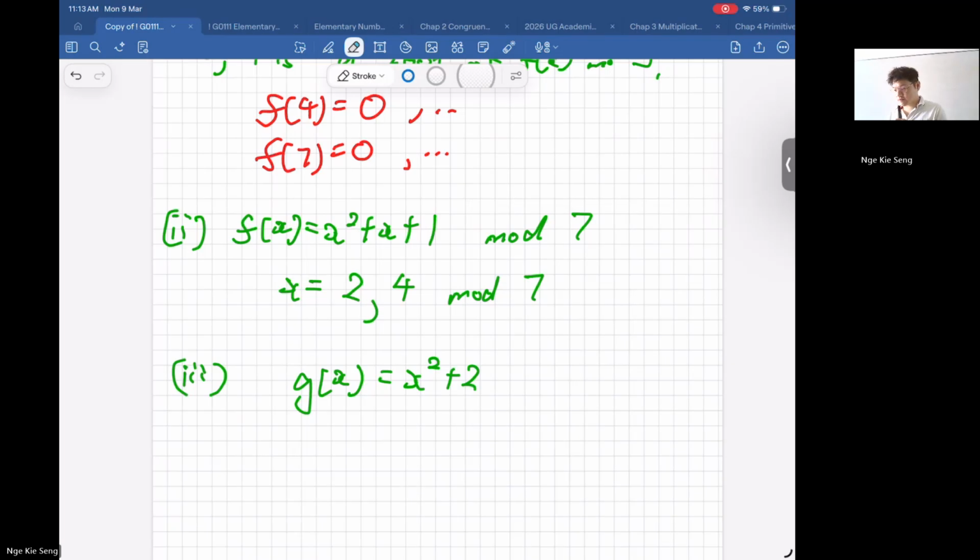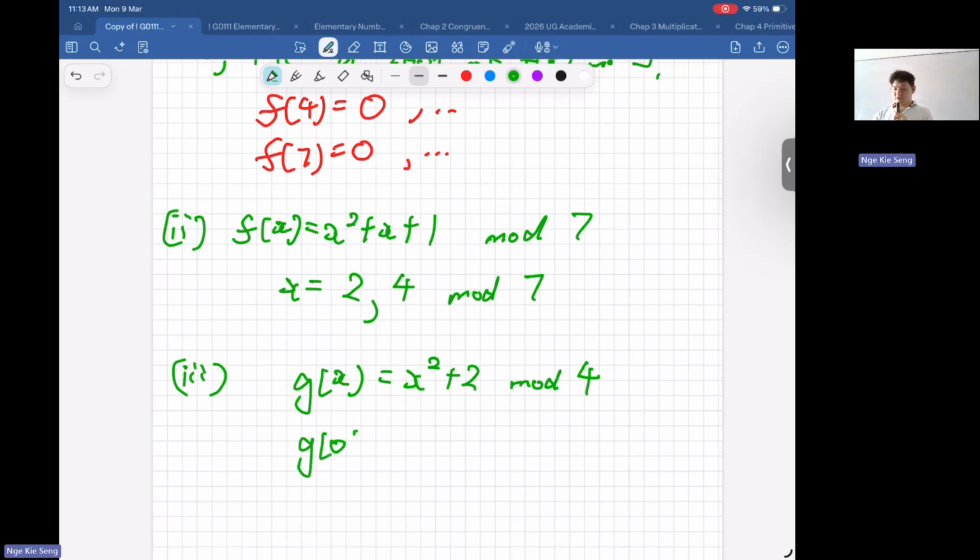You want to try? I guess 3 has a root, right? Because if you put in 1, there is 1 plus 3, which is 4. I think mod 4 works. There are no roots here.